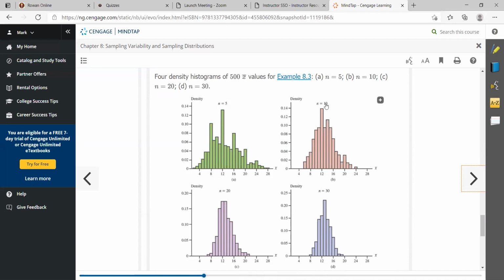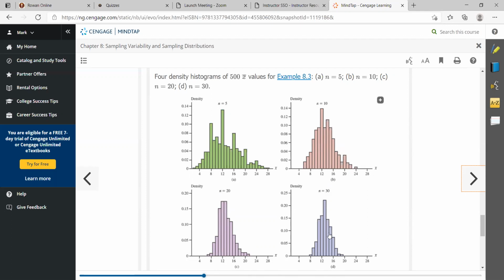Notice that as we increase the sample size to 10, again, the spread is becoming more narrow, but let's just look at the shape. The shape is starting to look more normal, but it's still skewed slightly to the right. It becomes more normal as we get to 20 for the sample size for each of the 500 samples, but it certainly looks normal when we get to 30.